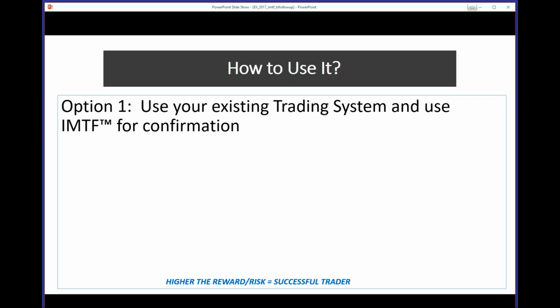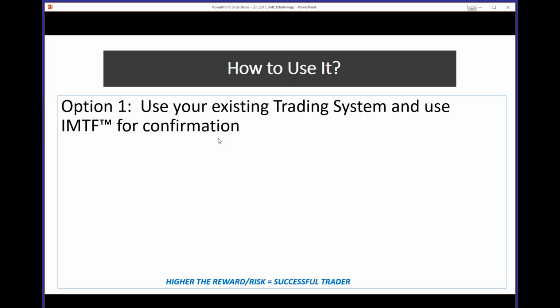In the indicator, you could turn things on and off, so you could do that at will. So you could use the IMTF indicator as a confirmation for your existing system. Today I'm going to show you how you could use the IMTF indicator with Fibonacci, and also another technical system named Heikin Ashi.